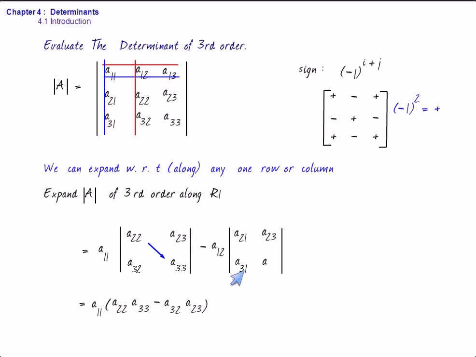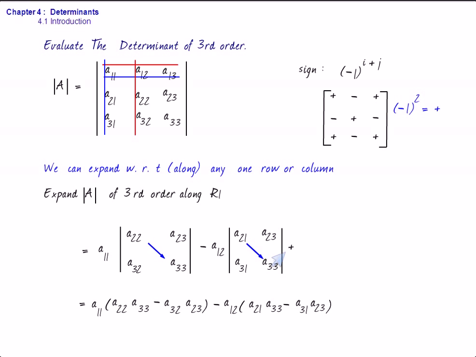And you can of course work out the value of this determinant, multiply the elements on the main diagonal minus the other. And plus, what will be the third term here? What is the third element in the first row?